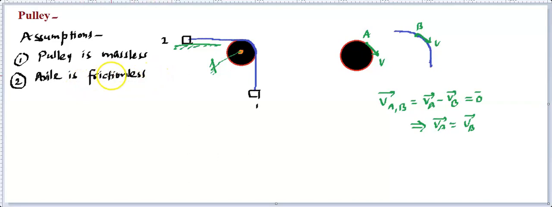So these points are true for the pulley. Particularly we need to remember that the velocities of the contact points are identical, and the pulley is massless until and unless it's stated, and there is no friction on the axis.